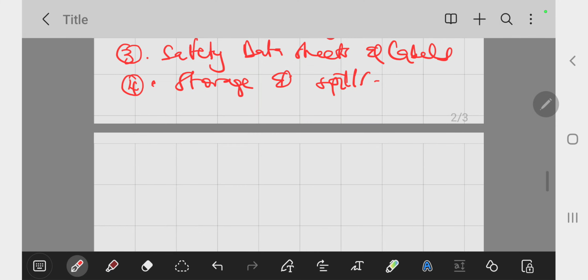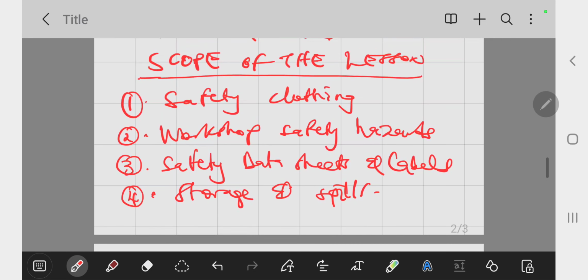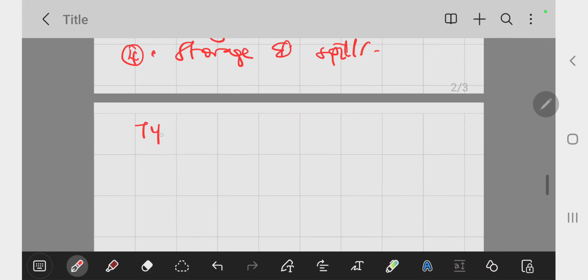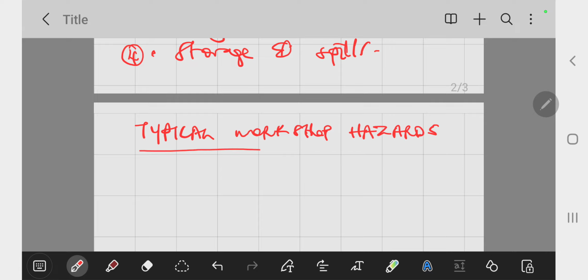So maybe, for instance, let's try to start by understanding what a typical workshop hazard is. So let's say typical workshop hazards like this.